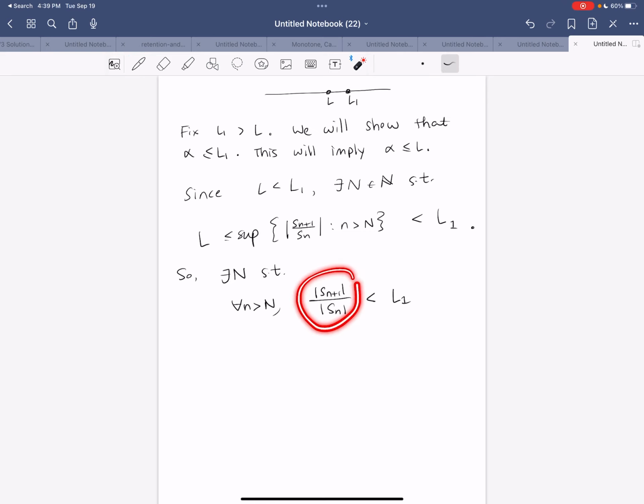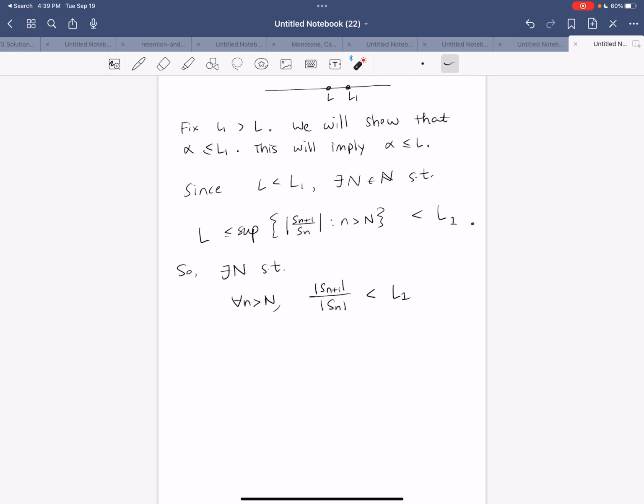This is less than or equal to the sup of this set. So if the sup is less than L1, then this has to be less than L1. So for all of the terms past N, we have this inequality satisfied.